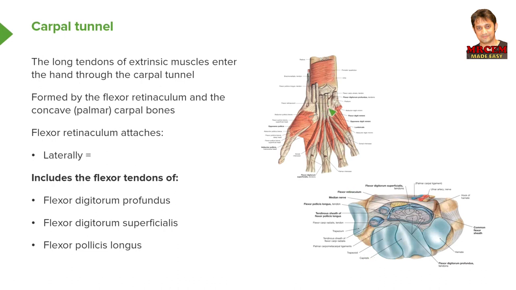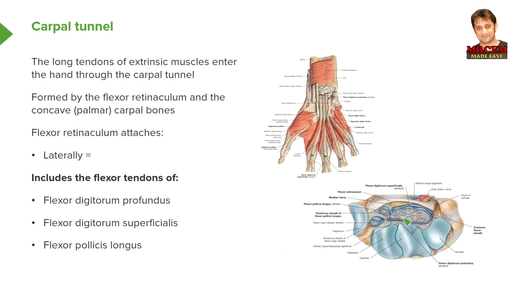In this diagram with the carpal tunnel opened up, we can see the tendons of flexor digitorum profundus here, and these are passing towards the palm. If we look here, we can see the cut tendons of flexor digitorum superficialis, and these also would have entered through the carpal tunnel.